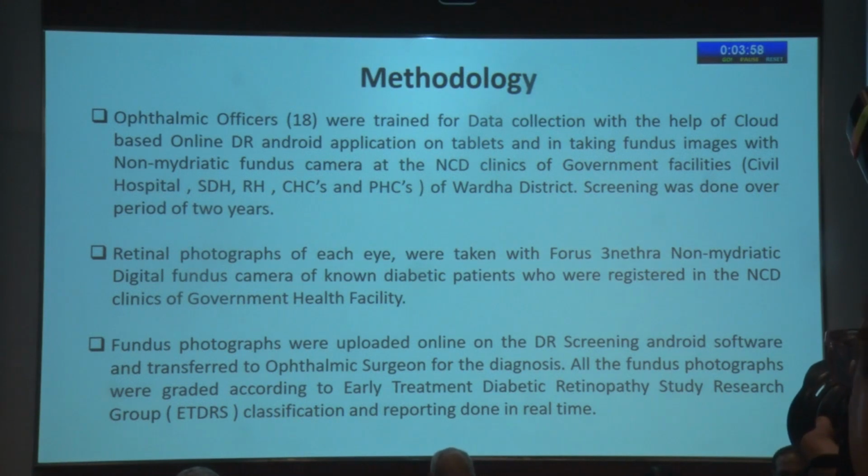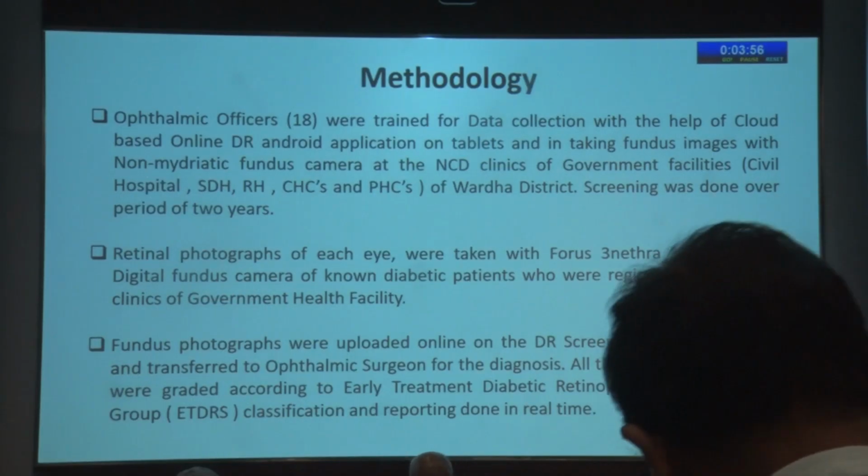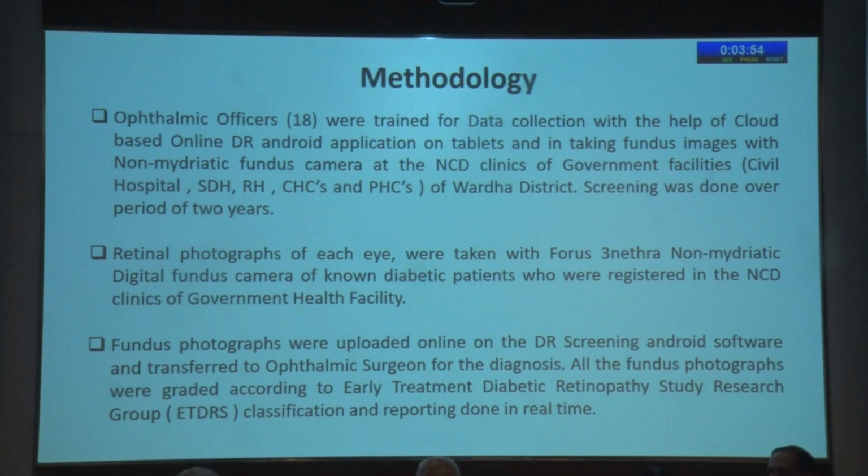All these fundus photos were uploaded online on the diabetic retinopathy screening Android software and transferred to the ophthalmic surgeon for diagnosis. All these fundus photographs were graded according to the ETDRS classification, and reporting was done mostly in real time.